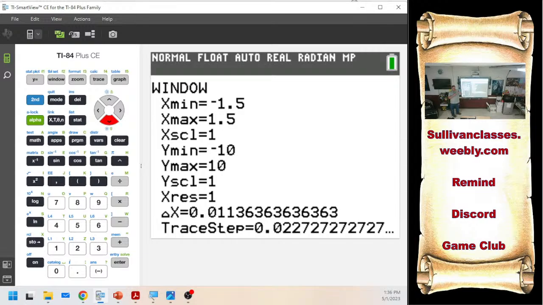What's the range of arc sine? No, that was my domain, was negative 1 to 1. Okay, how big is that? Pi over 2, 3.141592 divided by 2.